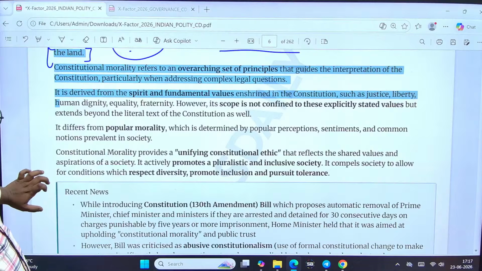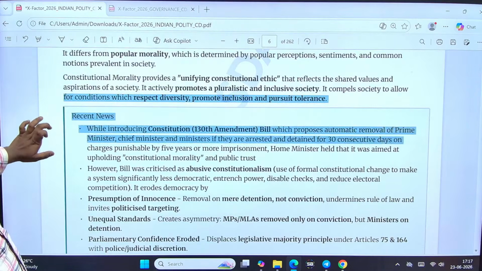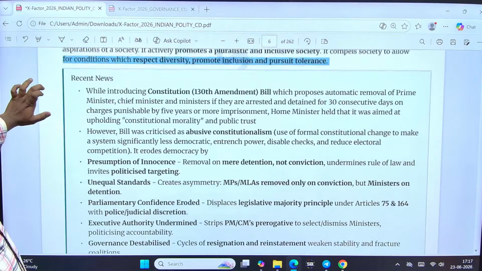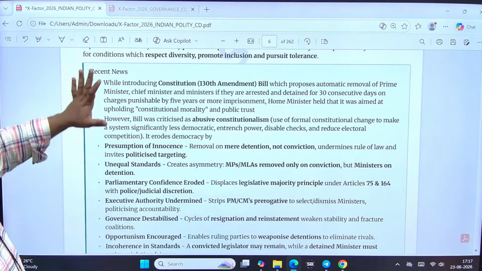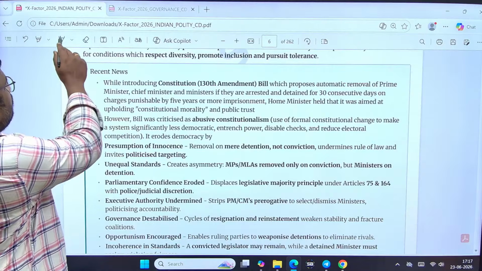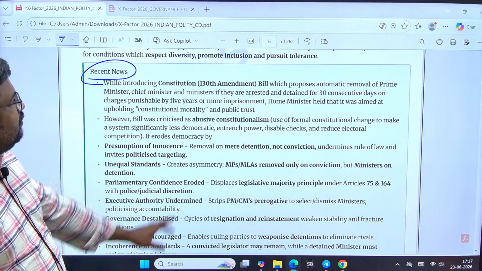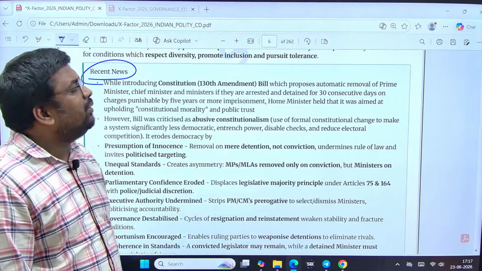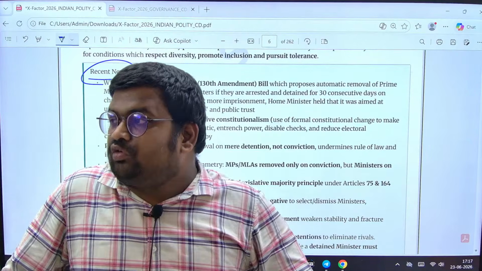ठीक है, but even though that is the static theme, the recent current affairs related to that particular theme also we have covered. So recent news related to the constitutional morality. ठीक है, while introducing 130th amendment bill, so during that time the home minister used the word constitutional morality.